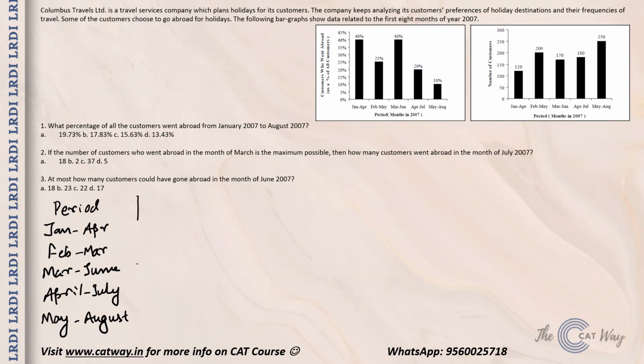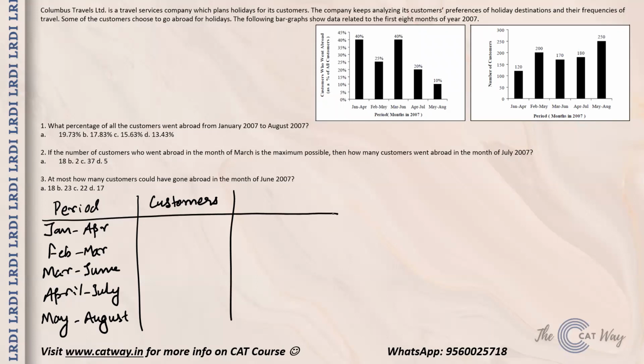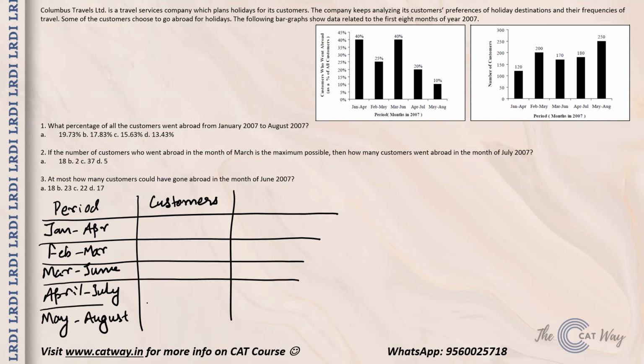All right. Then guys, what you need is the number of customers. Now in between January to April, you had 120 customers. Let's make a table first. So we have 120 customers, then 200, 117 for March to June, April to July we had 180, and 250 in May to August.